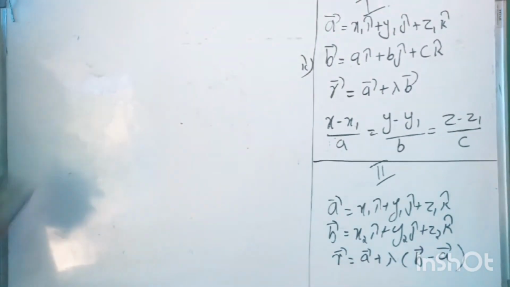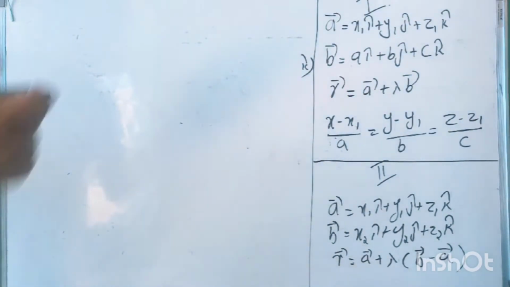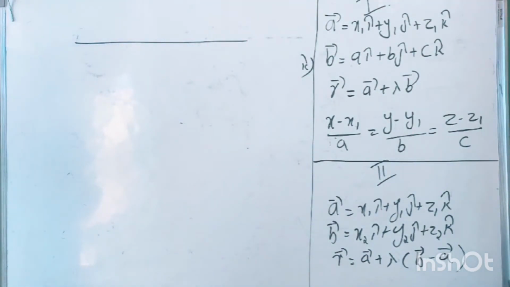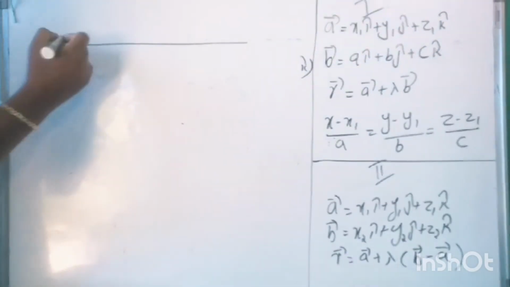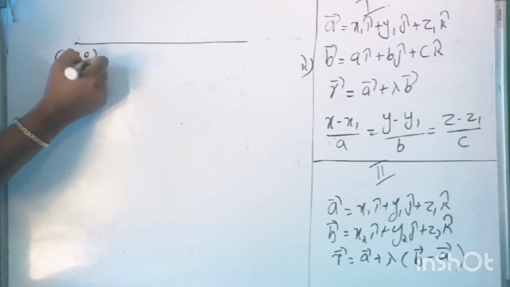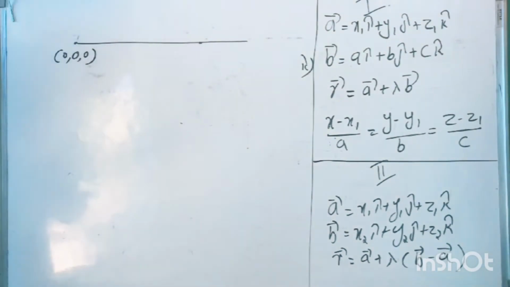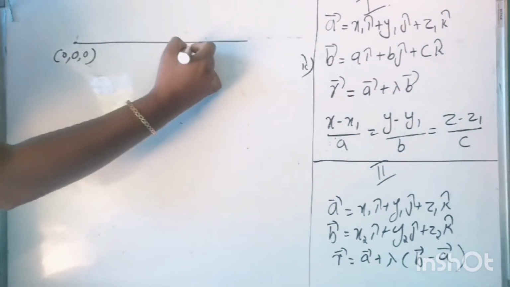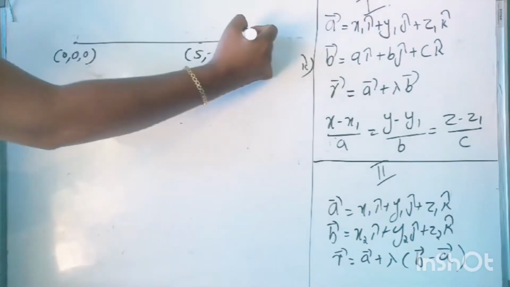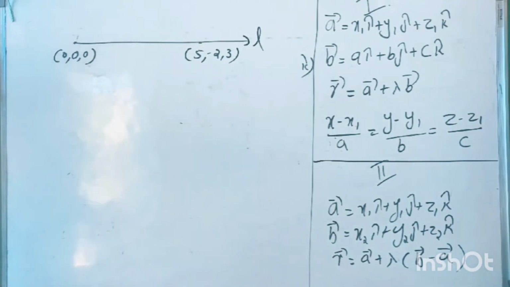We have one line and it is given that the line passes through the origin. One is the origin, so the coordinates are 0, 0, 0. And the second point is the ordered triplet 5, -2, 3. And we need to find out the equation of this line.